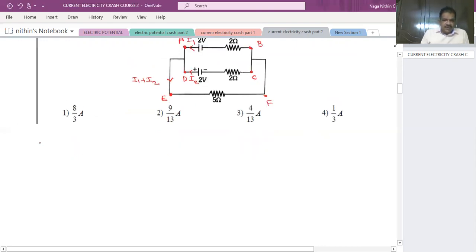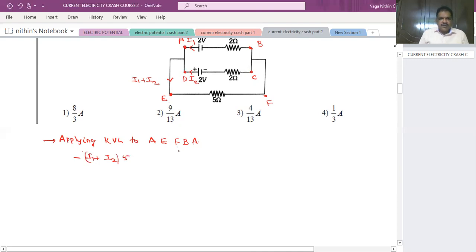Now we'll apply Kirchhoff's second law, applying KVL to the loop AEFBA. That is one loop. So A to E, nothing is there. Then minus (I1 plus I2) into 5.